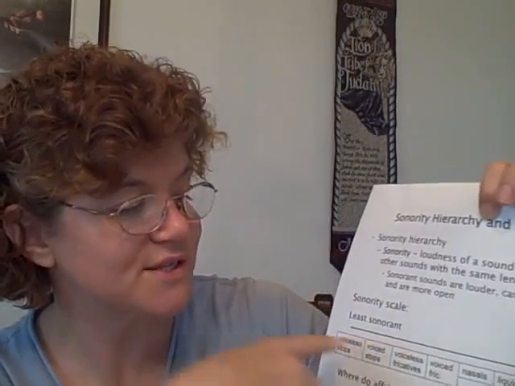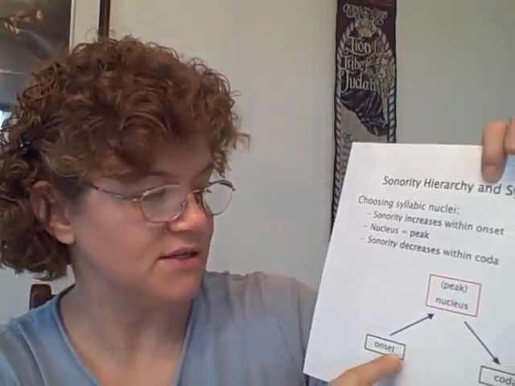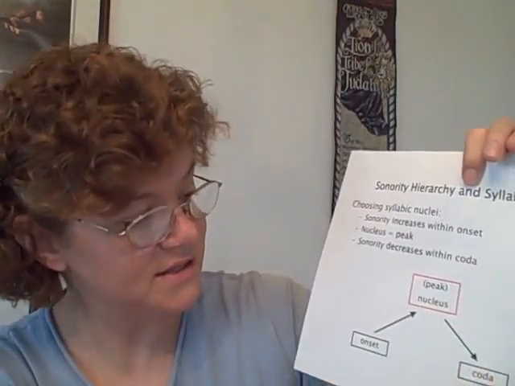So here's a really nice graph of the sonority of the sound. There is a hierarchy, and if you're choosing a syllabic nucleus, the sonority increases through the onset, and then there's a nucleus or a peak, and then the sonority decreases within the coda. So if you think about it, it's onset, it goes up, it peaks, and then it comes down to the coda.